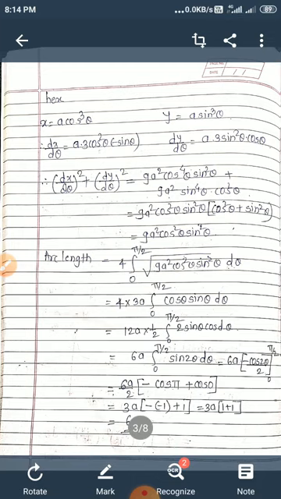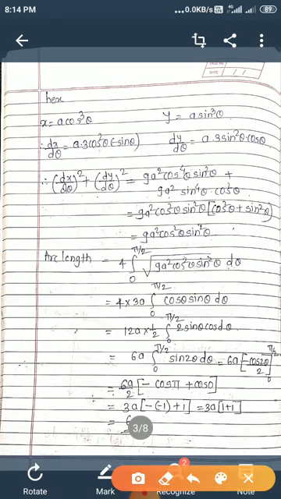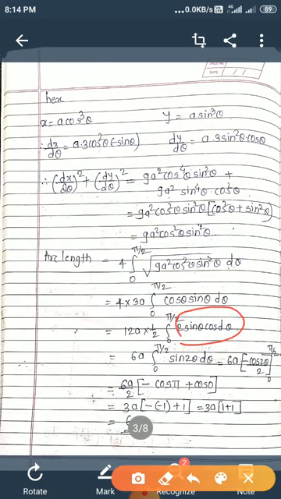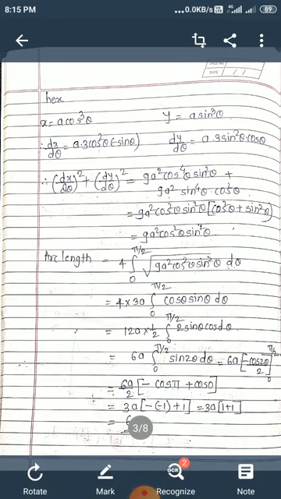I am adjusting here by dividing by 2 and multiplying by 2, so we get 2 sin theta cos theta. So 2 sin theta cos theta is sin 2 theta, and the integration of sin 2 theta is minus cos 2 theta upon 2. The 2 is a constant, so take it outside the integration.